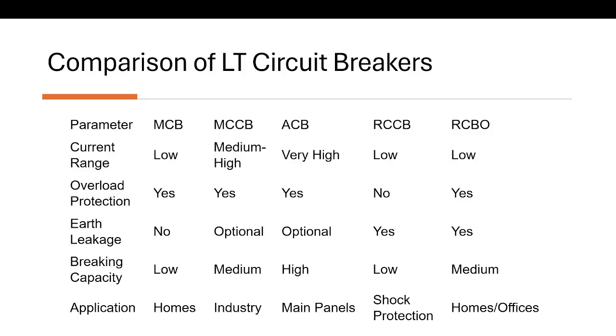RCCB is used for shock protection by discontinuing the circuit in case of leakage. RCBO again has home and office applications, the same: shock protection and fire protection.